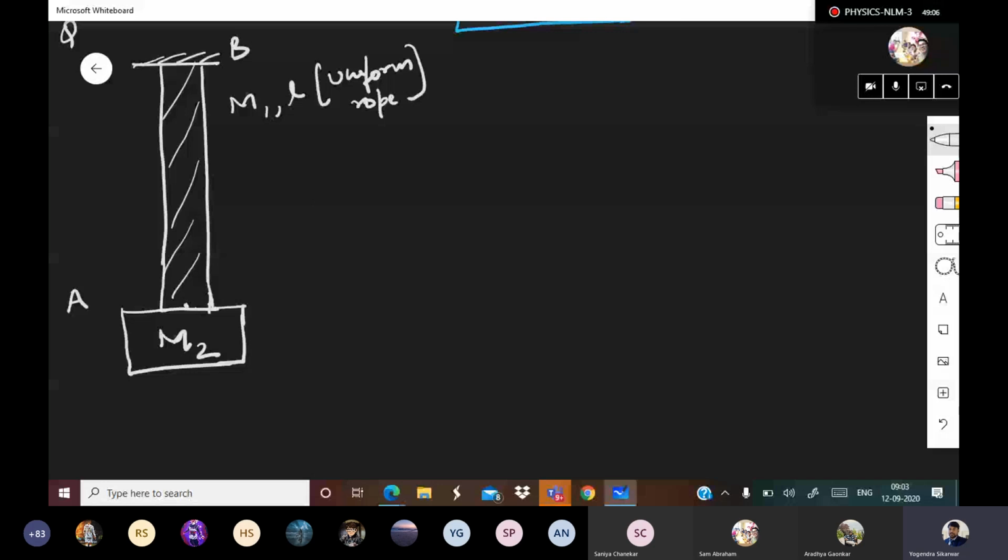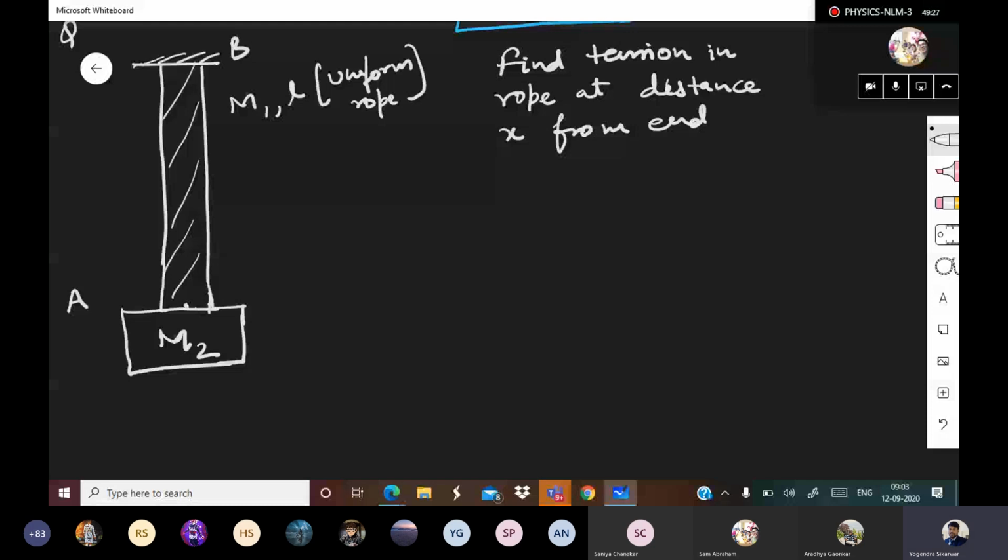So the question says find the tension in the rope at distance x from end A. If you have understood well, then you should be easily able to answer it quickly.